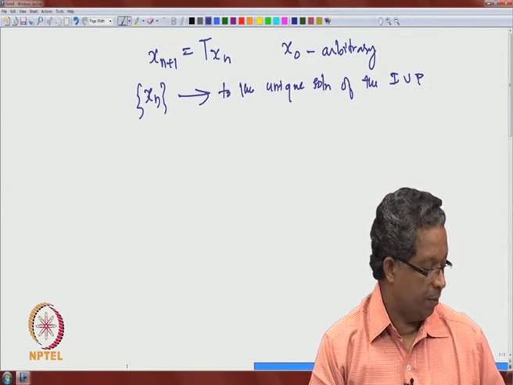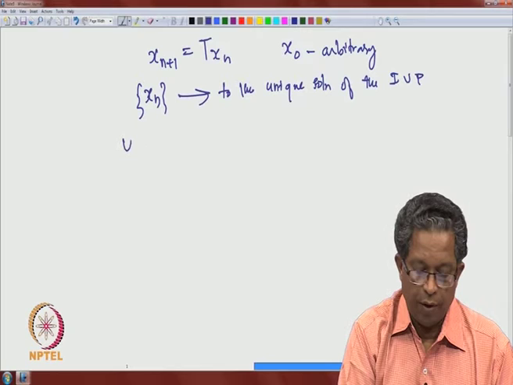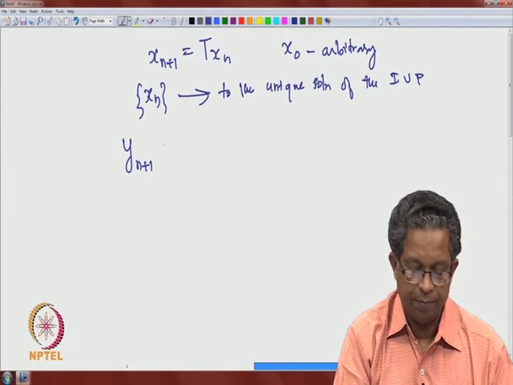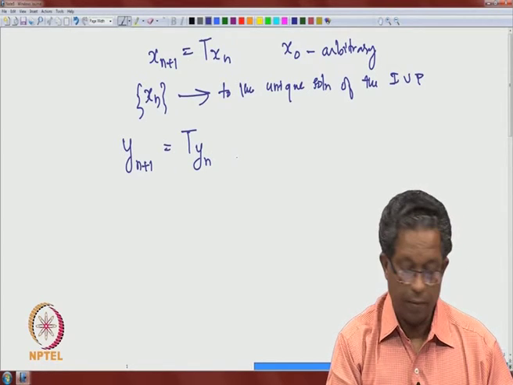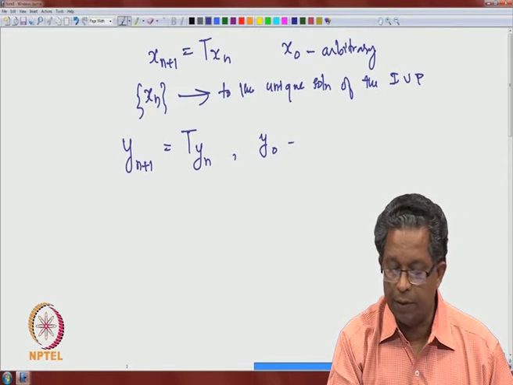So, in our context, y of n plus 1 is equal to T of y n and y 0 arbitrary.